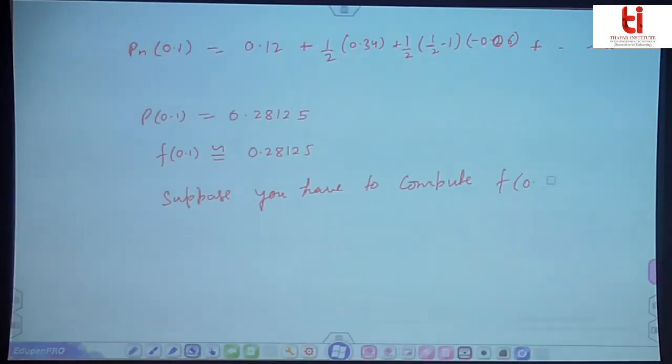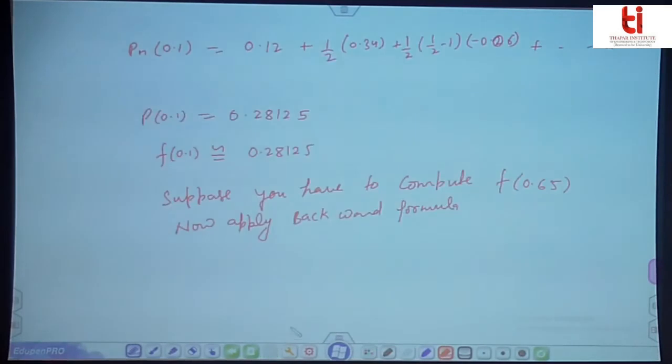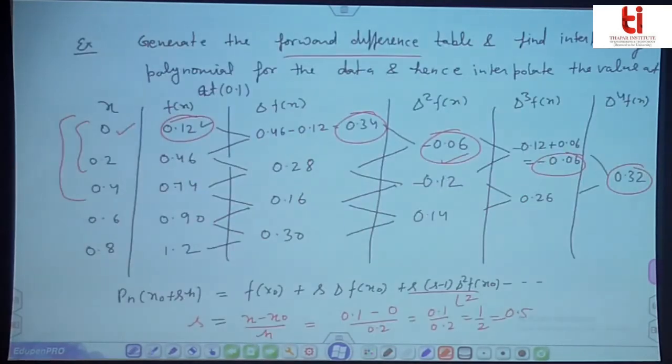Better to take this, because I have the calculation for it. So in this case, apply the backward formula. Why backward formula? Because the value is lying in the downside of the data given. The same table will work. Now for downwards, these values will be used.